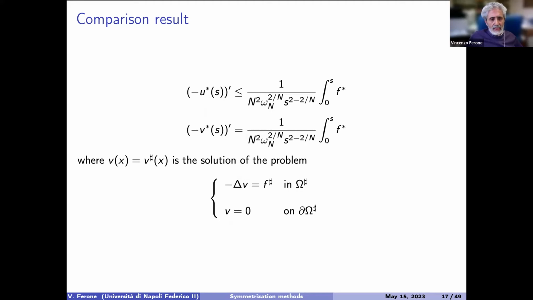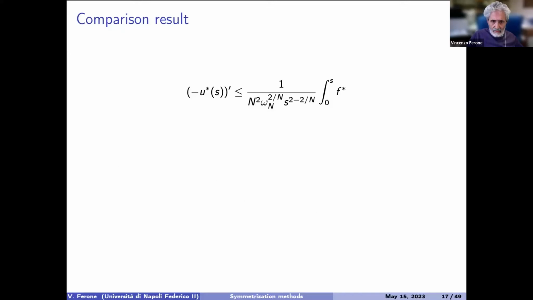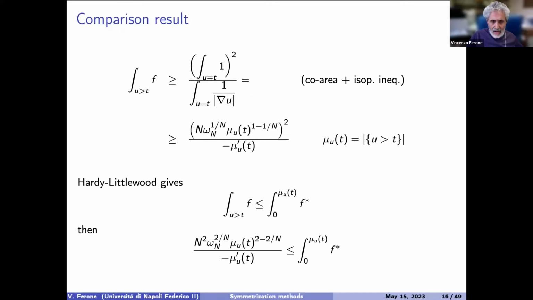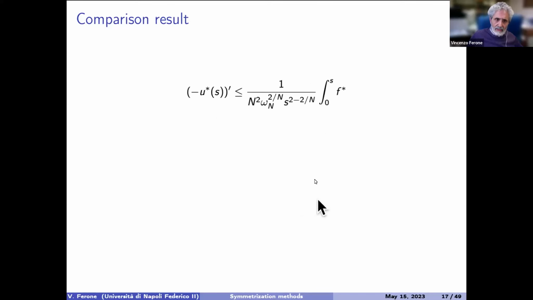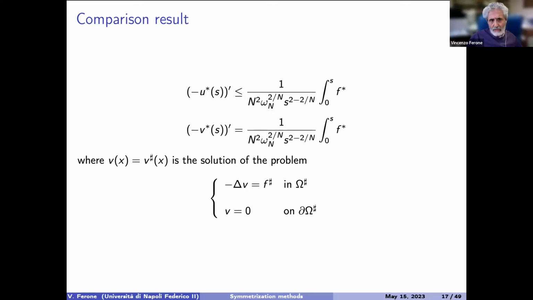So the idea is this. The main points are to reduce everything to the symmetric case, and then to apply a suitable comparison principle between the solutions of these two, the inequality here and the equality here.